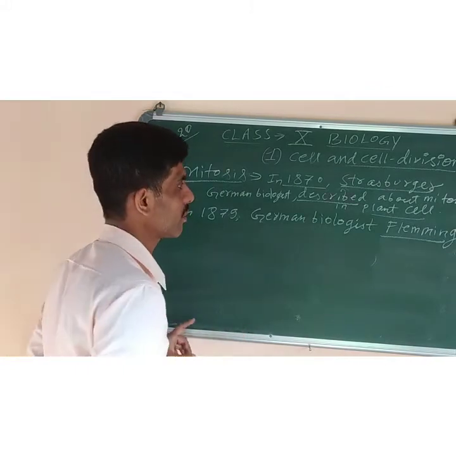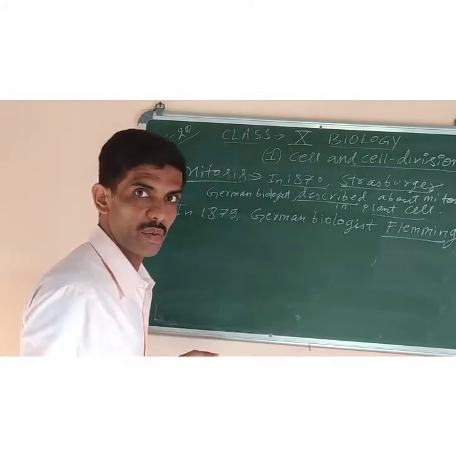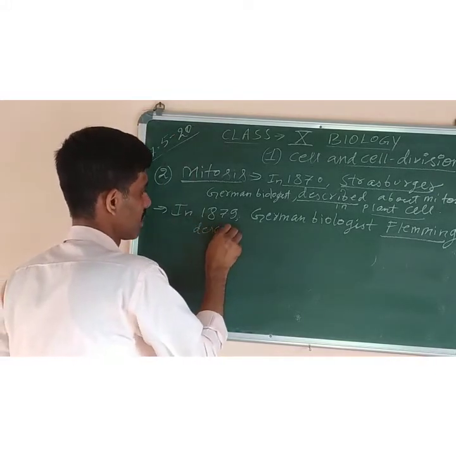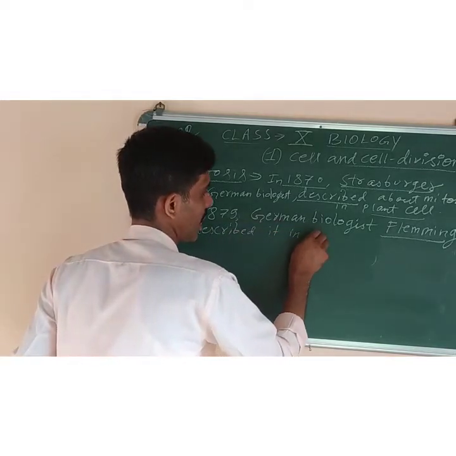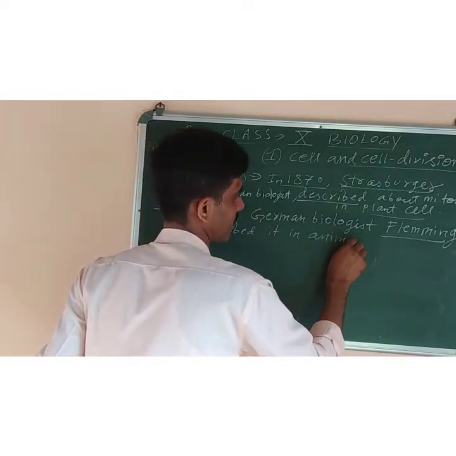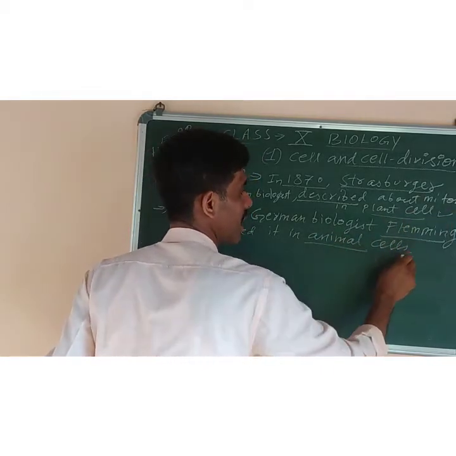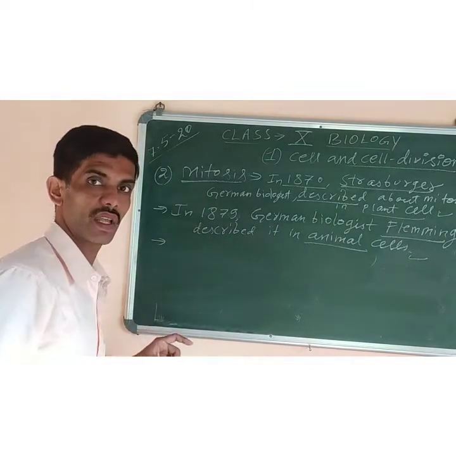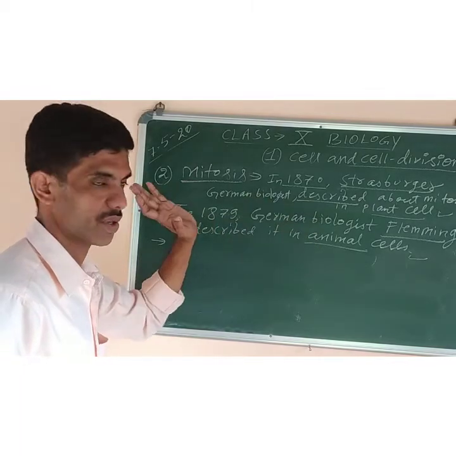He was the one who described about mitosis in animal cells. Okay. See, he had done it in plant cell, and this person, that is Fleming, had described about the mitosis in animal cell. That is the only difference. But both of them are German biologists only.